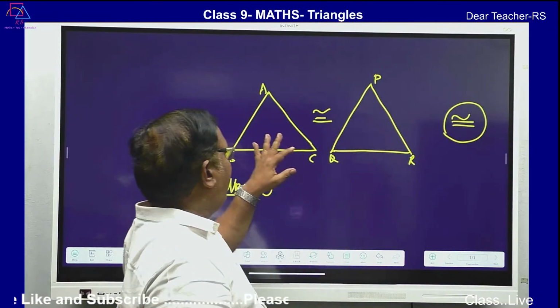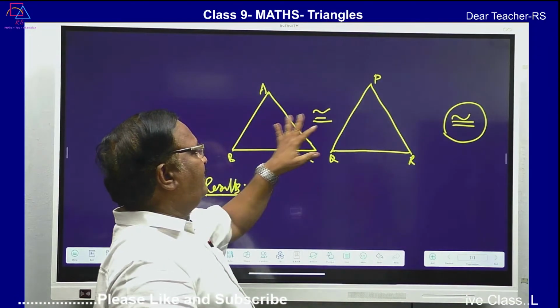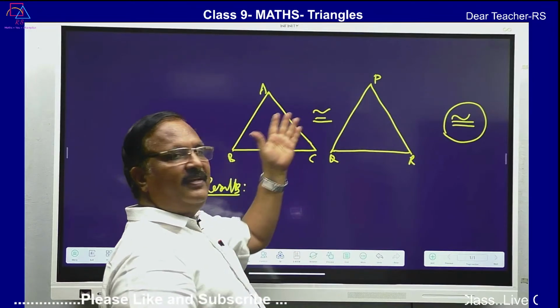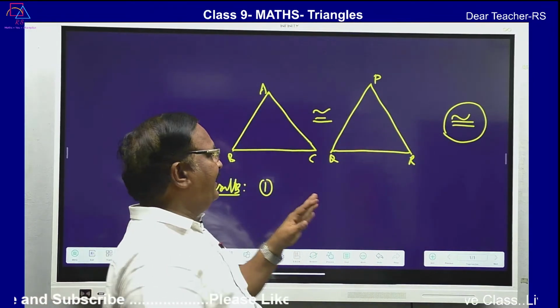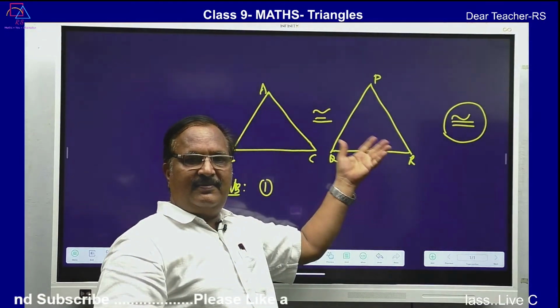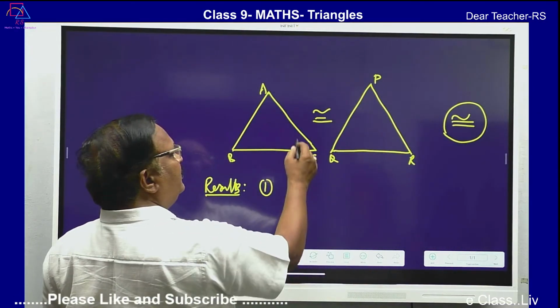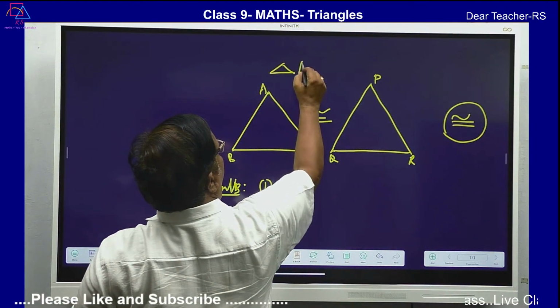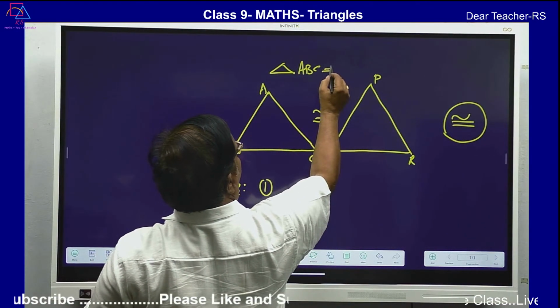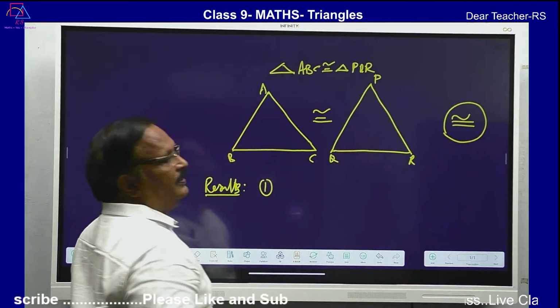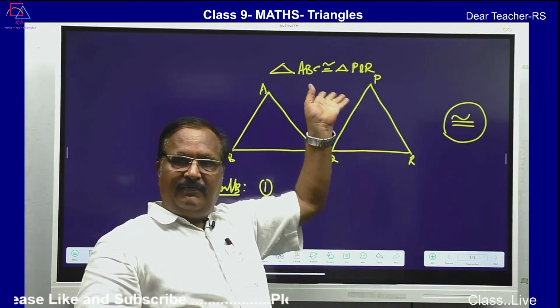If the angles of this triangle are equal to the angles of this triangle, that is the first result. The sides of this triangle are equal to the sides of this triangle. Then both triangles are congruent. So we denote it like this: triangle ABC is congruent to triangle PQR. That is how we will represent it.